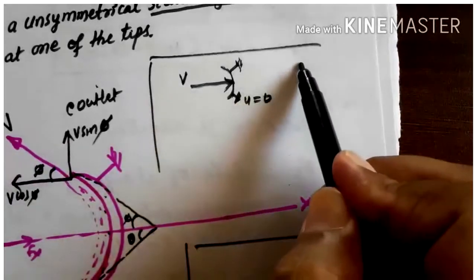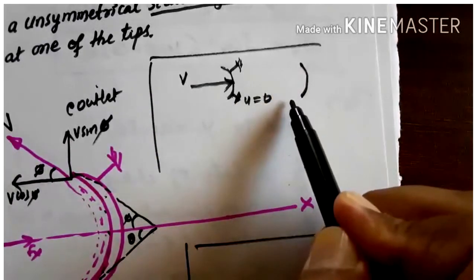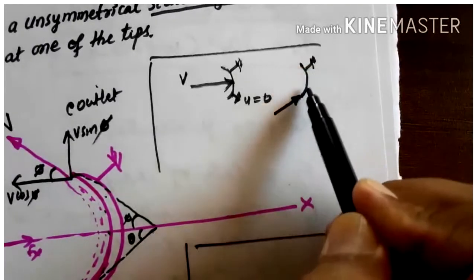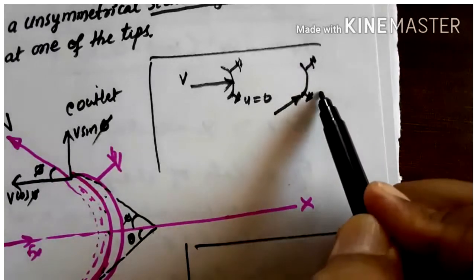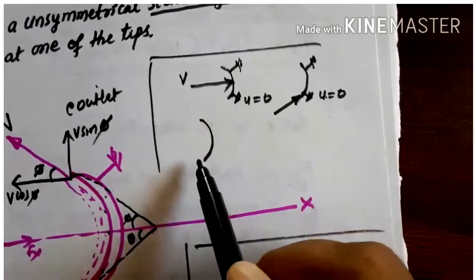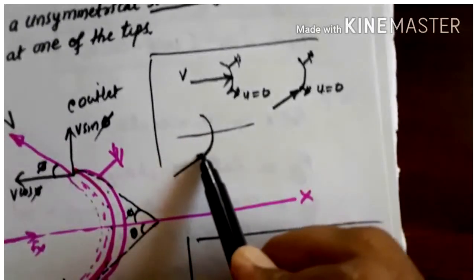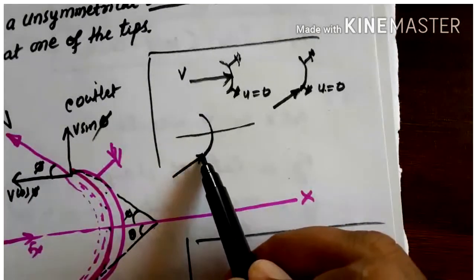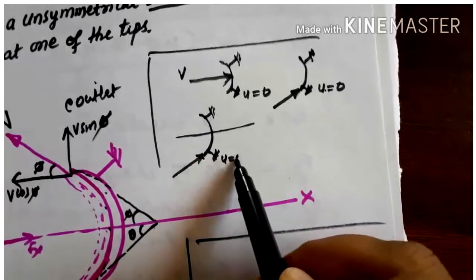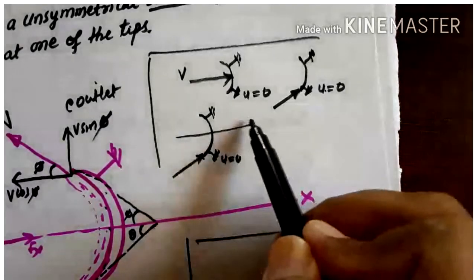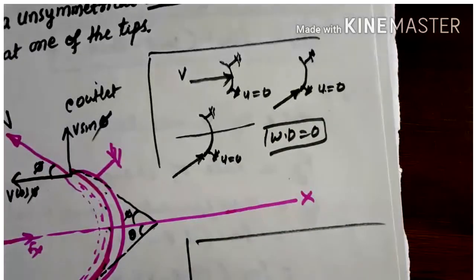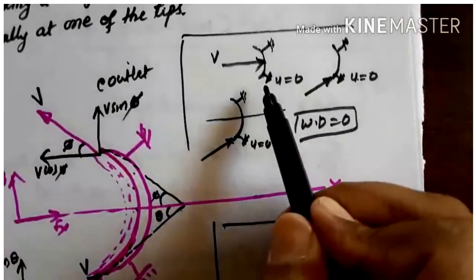In the second case, the vane is kept symmetrical about the x-axis and the jet was striking tangentially; again the vane is fixed, so its velocity is 0. In the third case, the unsymmetrical case, the jet was striking tangentially at one of the tips, but this is also a stationary vane, so the velocity of the vane is 0. So in all the cases the work done is 0 because there is no displacement of the vane.